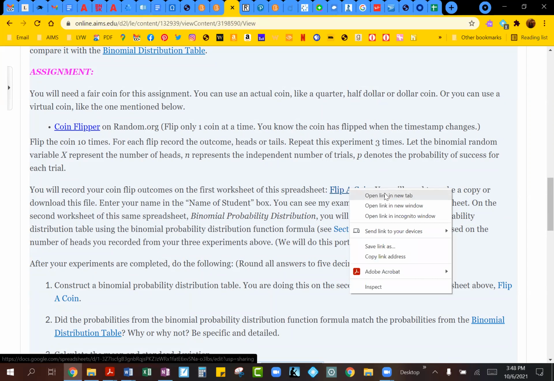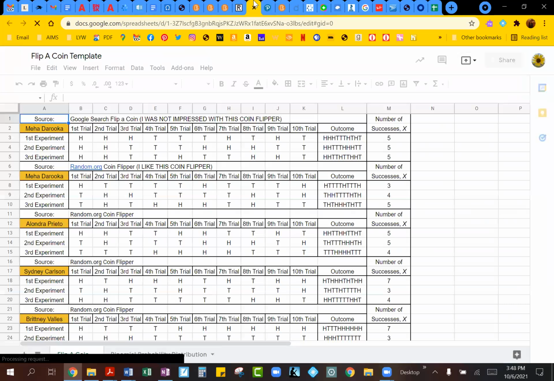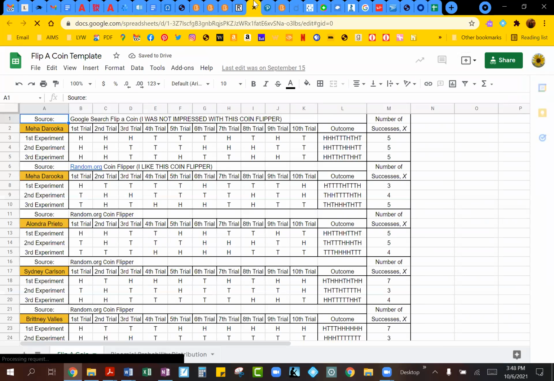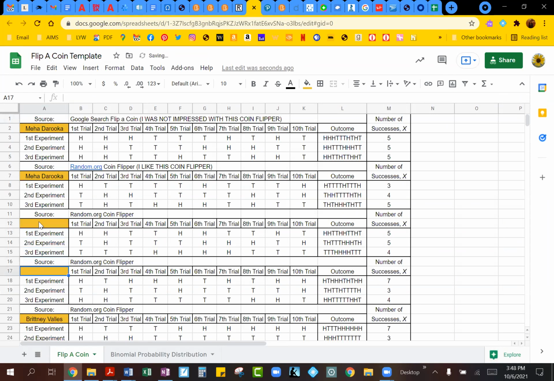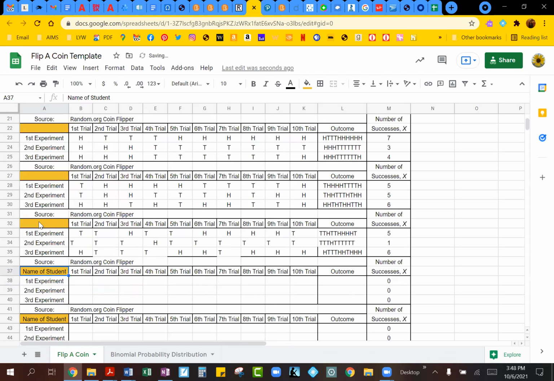Now, if you go to this spreadsheet, your template, I've actually used this template for my other class. So I'm going to go ahead and remove these names for now.